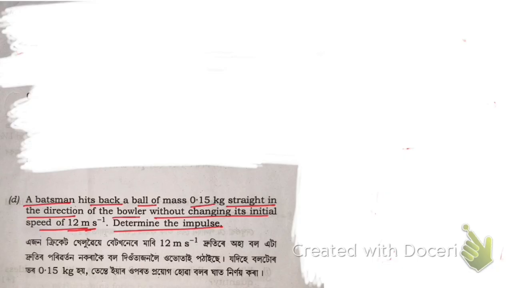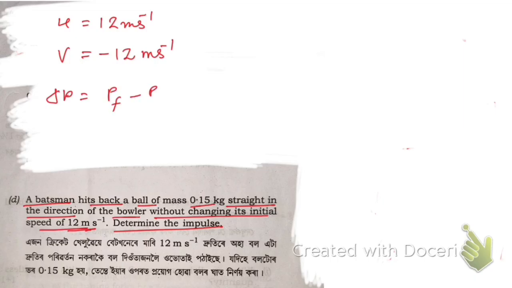Initial speed is 12 meter per second. When it is hit back by the batsman, its direction will be changed, so minus 12 meter per second is the final velocity, and change in momentum is final momentum minus initial momentum. Here final momentum is m into v, initial momentum is m into u.